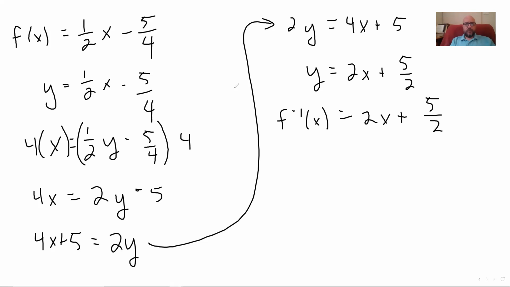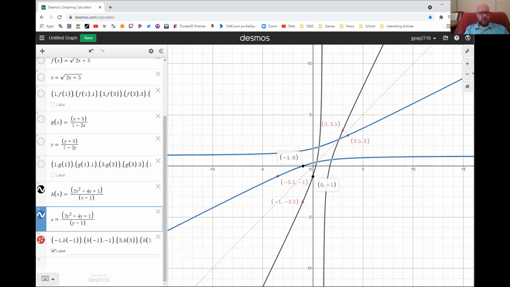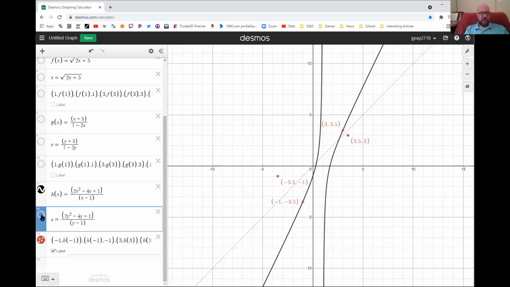And that's pretty much it. So maybe we should see that on Desmos real quick and then be done. So we got 1/2 x minus 5/4. Where's my Desmos here? So I'll turn off my fancy graphs.